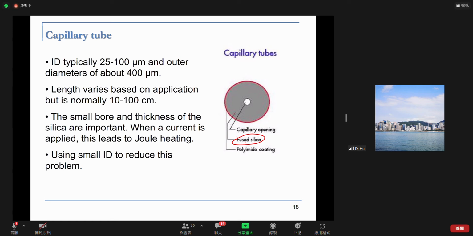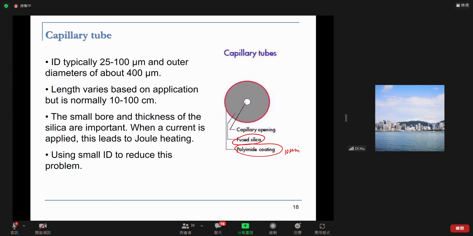You can see a polyimide coating, about 10 micrometers thick, which is used to increase the flexibility of the capillary tube so it does not break so easily.